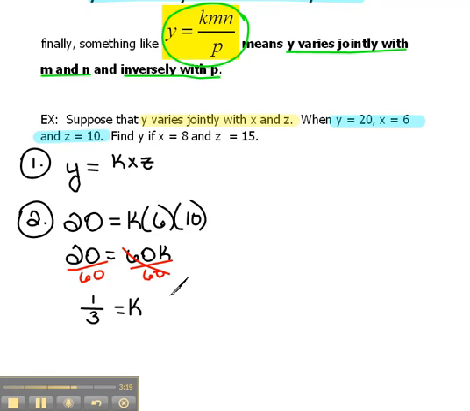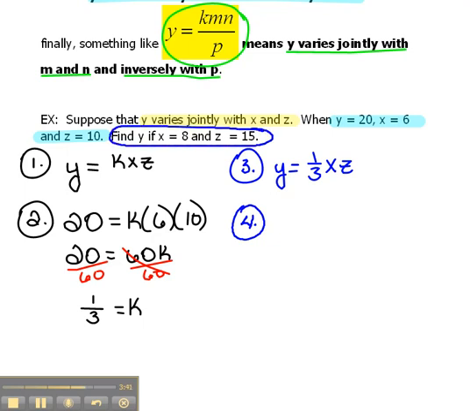Once we know what k is, step 3 is to rewrite our original formula using your newfound k value. So this would be y equals 1/3 times x and z. The last step is always to answer the question that they actually asked. Find y, so we don't know what y is, but we do know that k is 1/3.